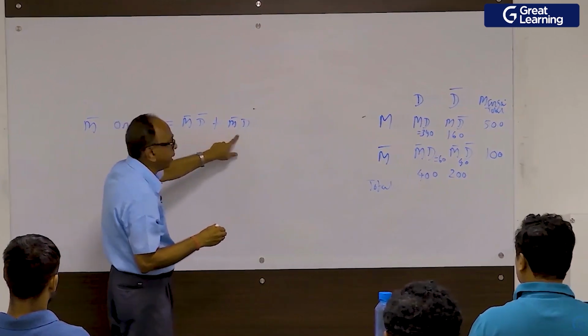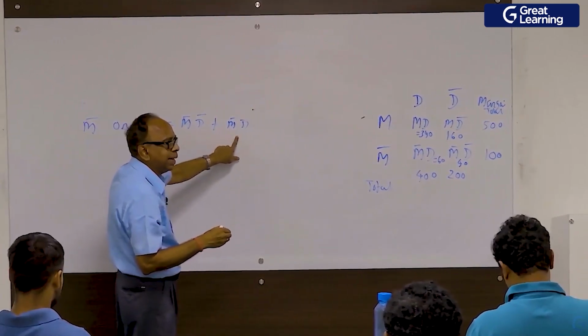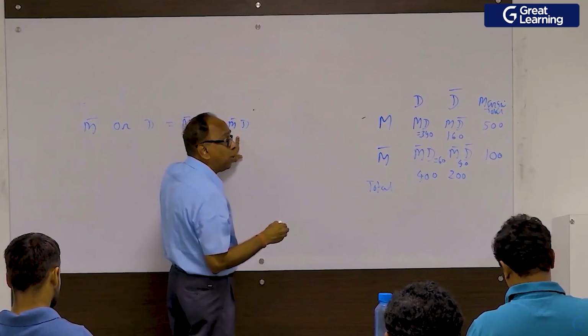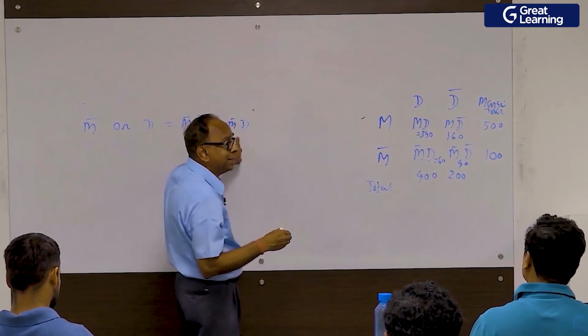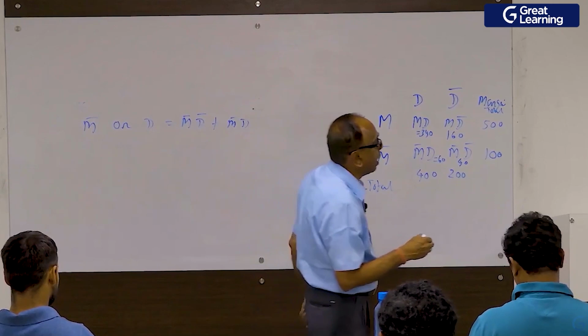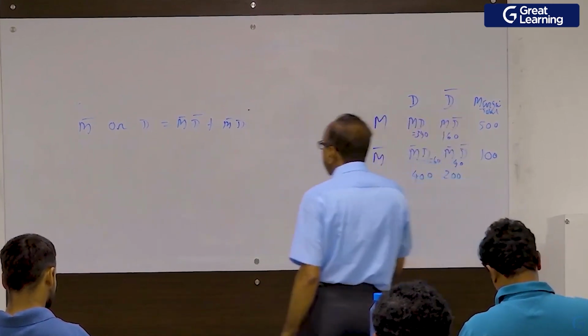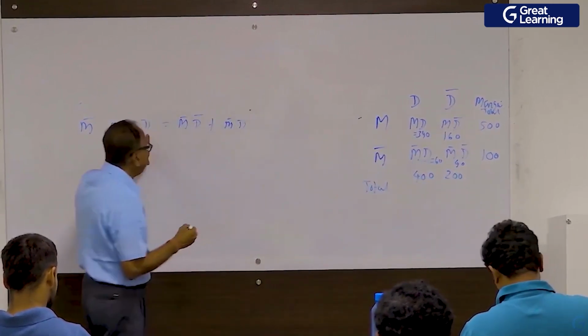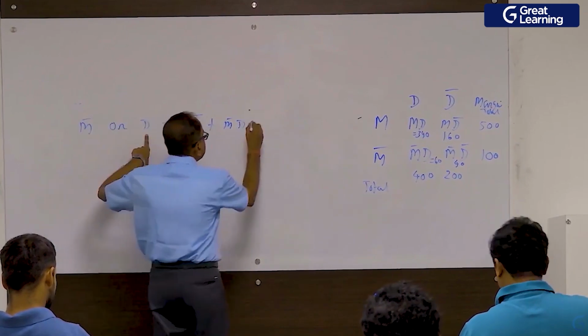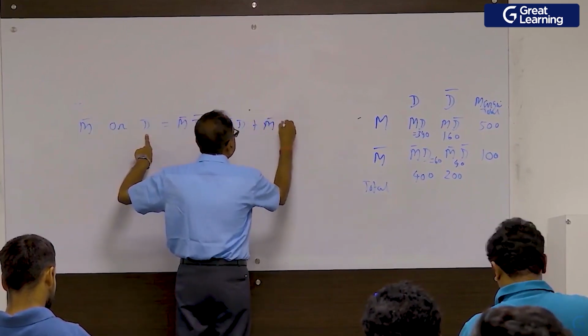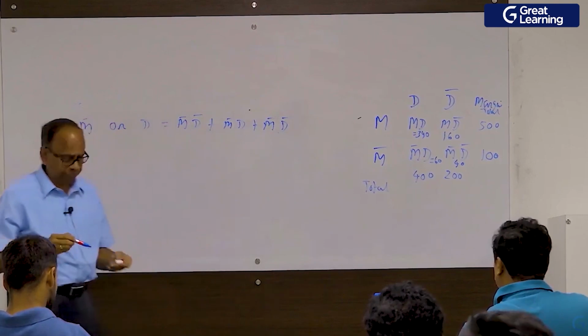Both places it occurs, plus those who are degree holders but not married. So D, M bar D will come. So plus M bar D. Am I right? These are the only three possibilities.